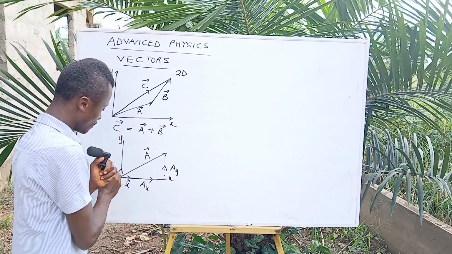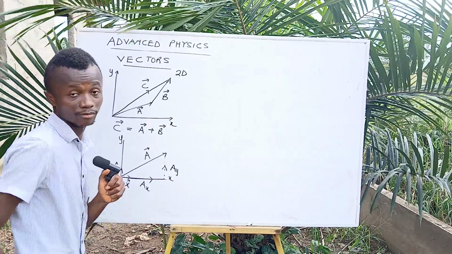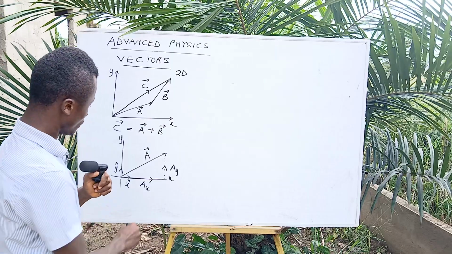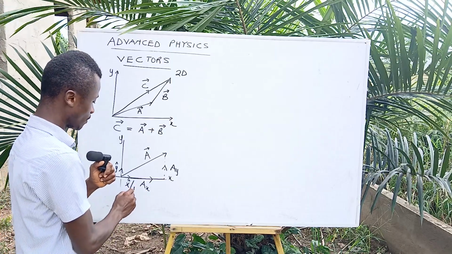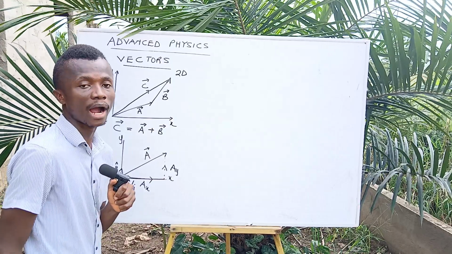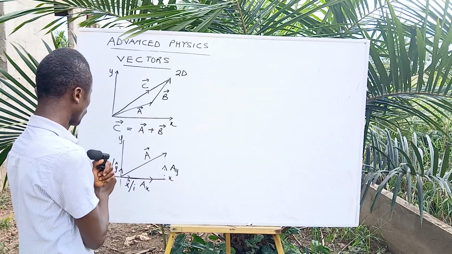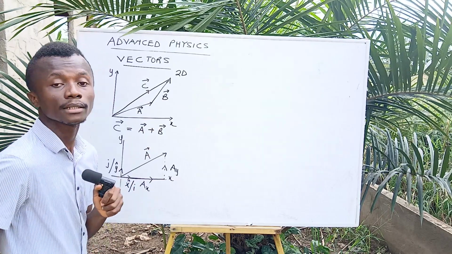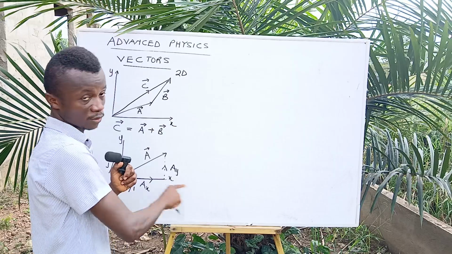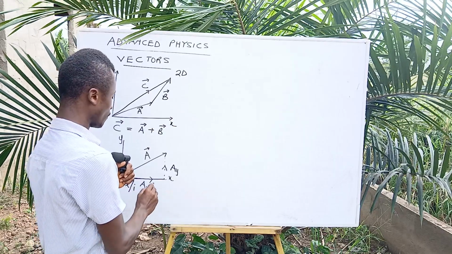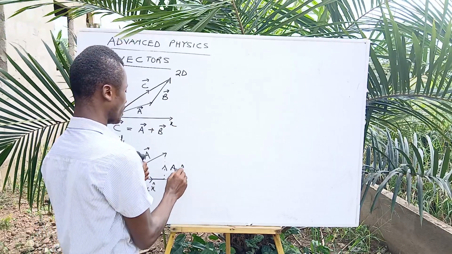Then same for the y direction, we call it y roof. There are two denotations for that. It's either x roof or i, or y roof or j. So this vector in the horizontal direction is ax x roof, then ay y roof in the vertical direction.